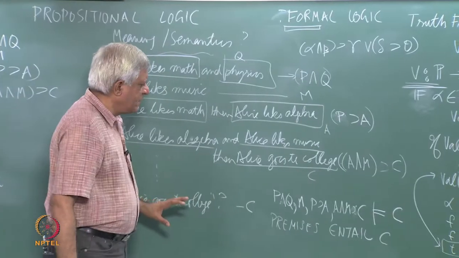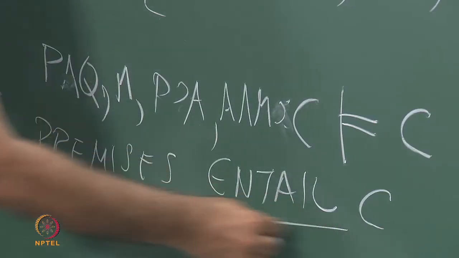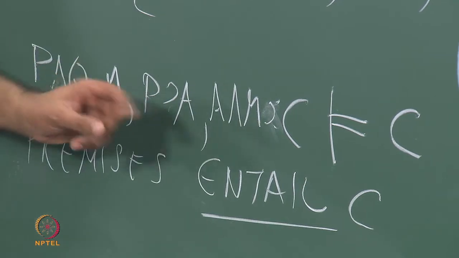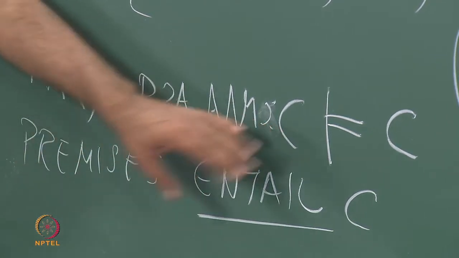These 4 things given to us. Premises entail the sentence C, and more formally we write it like this.